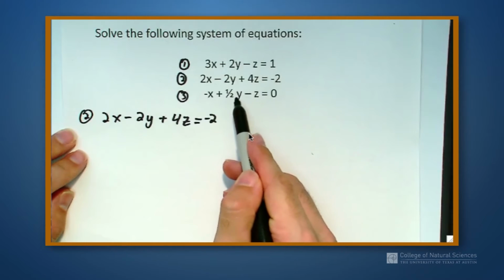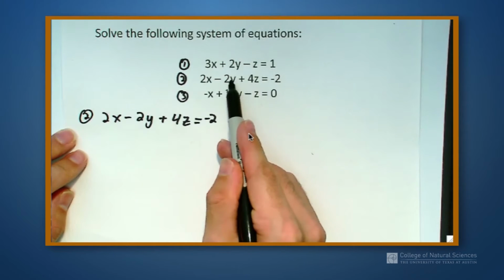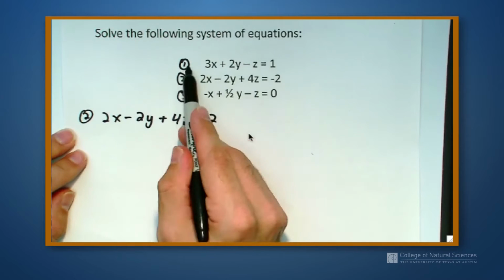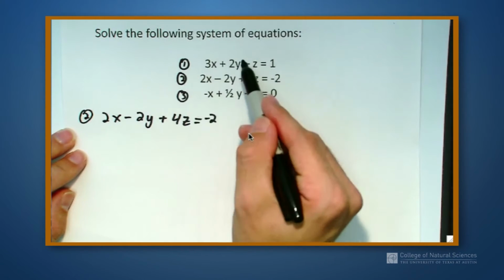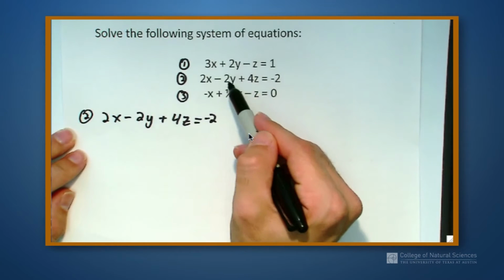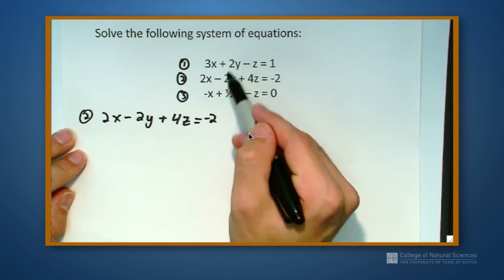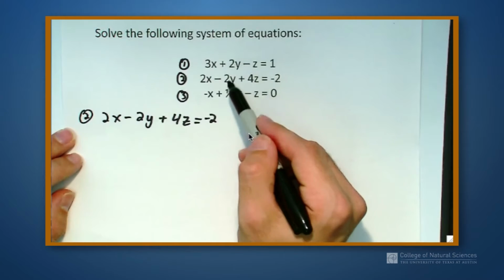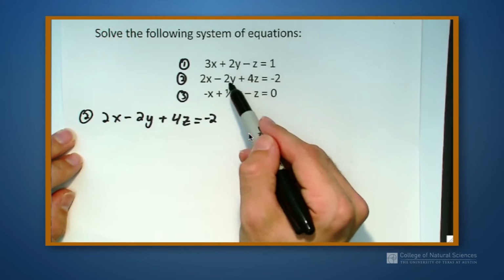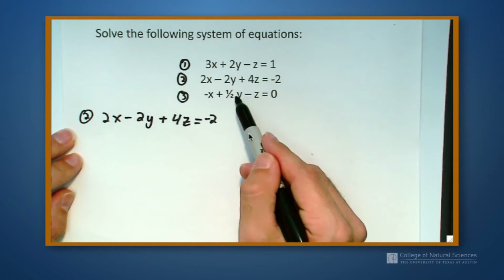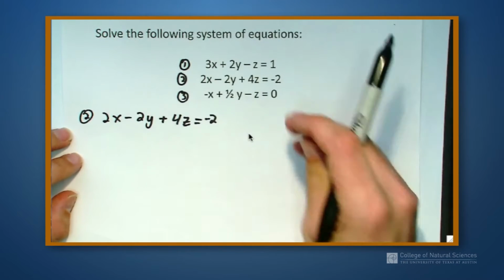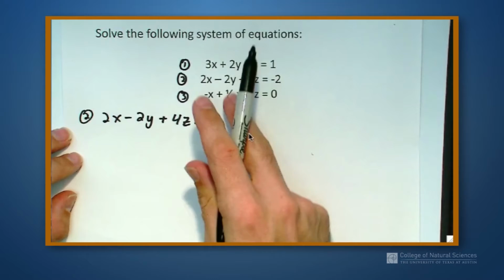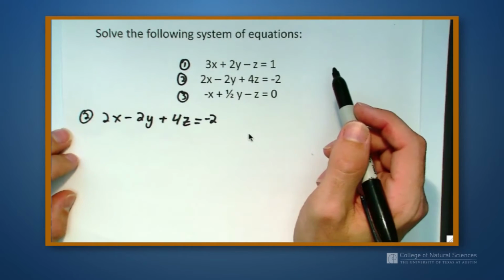I'm going to try to eliminate out the y's. I'm going to look forward and see that equations 1 and 2 together, when I combine those, are going to naturally drop out y. So I'm going to use equations 1 and 2 together to eliminate y. I'm going to use equations 2 and 3 together to eliminate y. And then with those 2 new equations, I'm hopefully going to be able to eliminate one of my other variables. So let's see if we get somewhere.